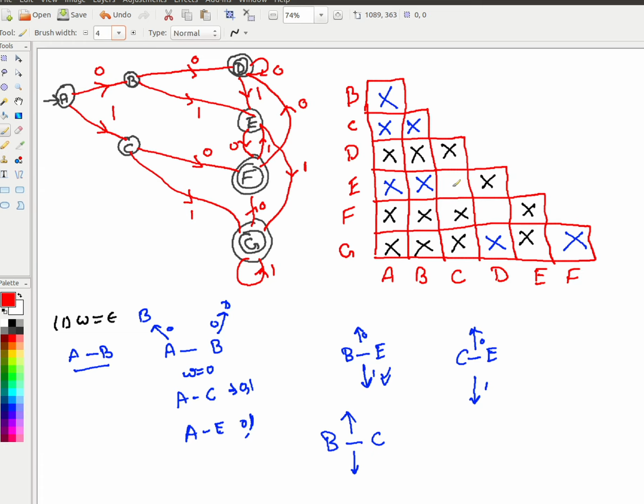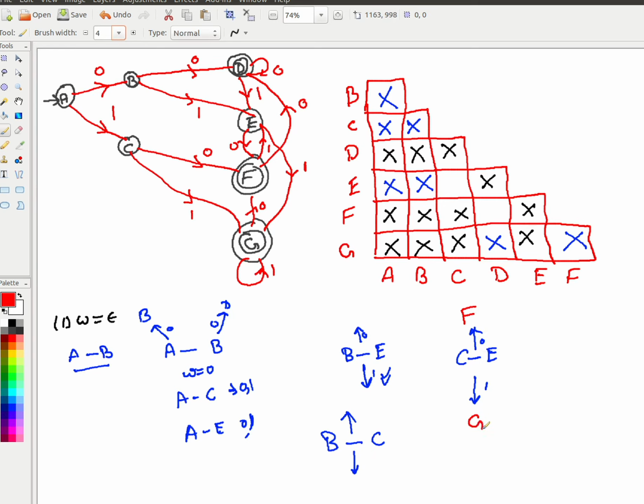You will realize that even at this level, C and E for 0, where does it go? C and E for 0, they both go to F. C and E for 1, where does it go?